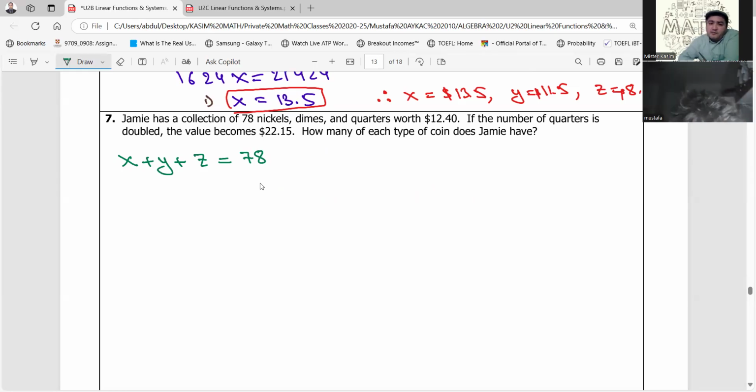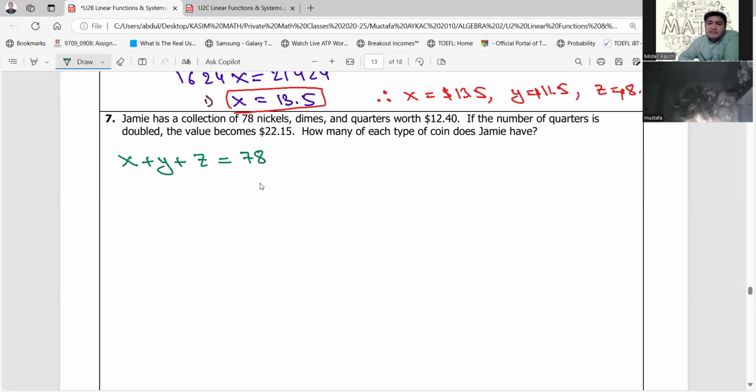And what is the second equation? 0.05 times x plus 0.1 times y plus 0.25 times z equals 12.40.